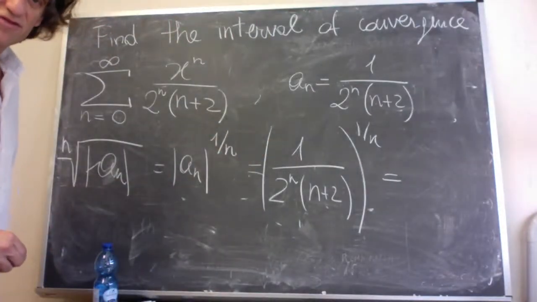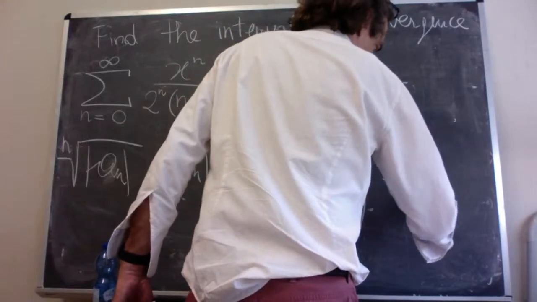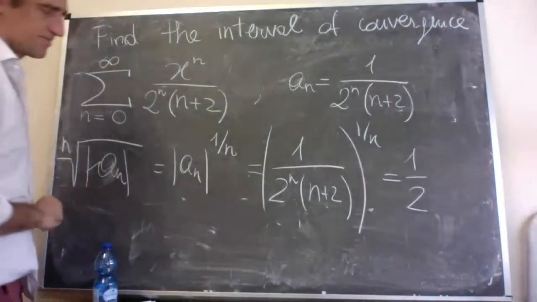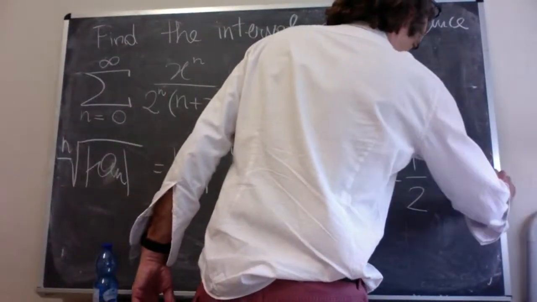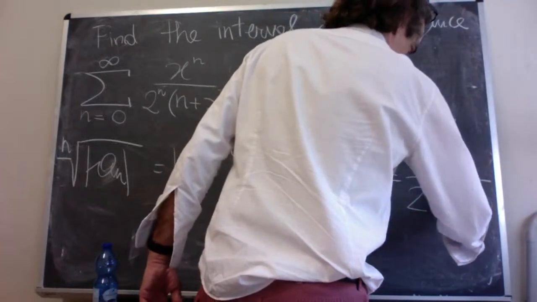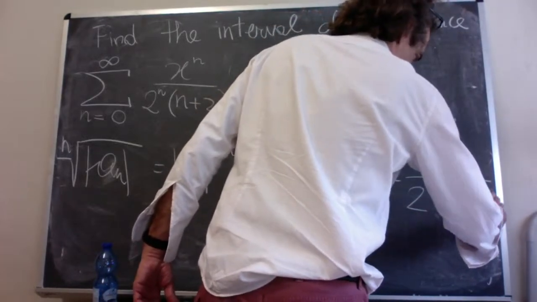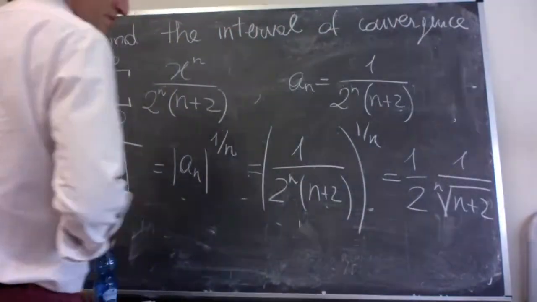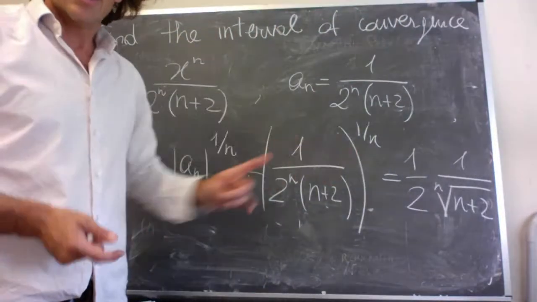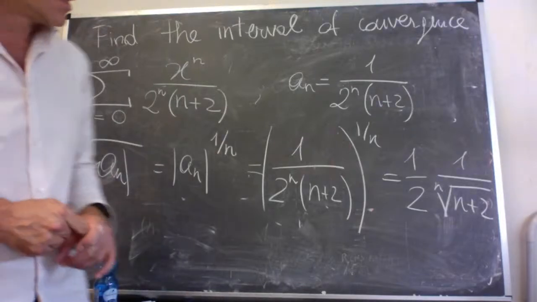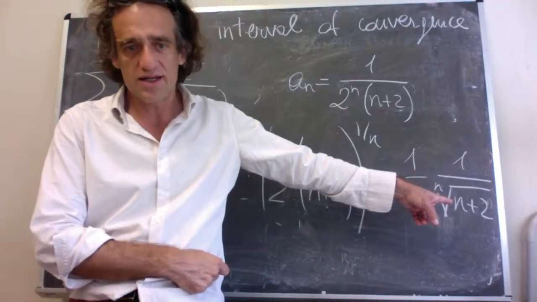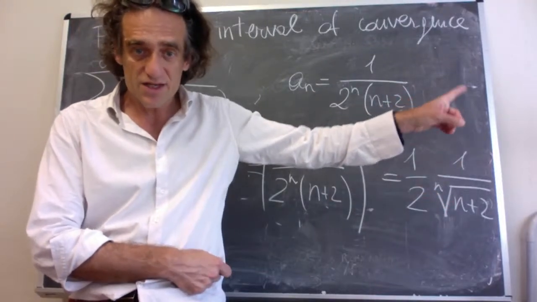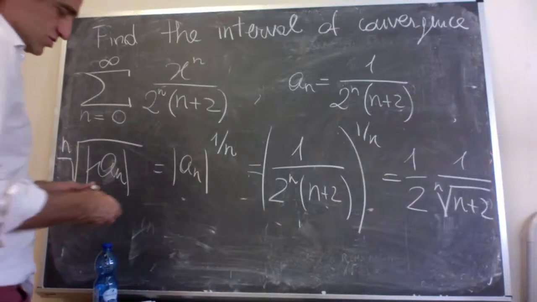1 is insensitive to any power. 2 to the n to the power 1 over n is just 2, so we get 1 over 2. And here you have 1 divided by the nth root of n plus 2. 1 over 2 is a factor. And now you have to remember from analysis 1 that when you have the nth root of any polynomial in n, the limit is 1 for n going to infinity.